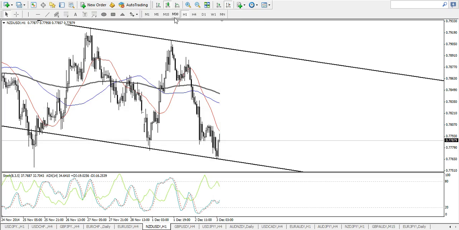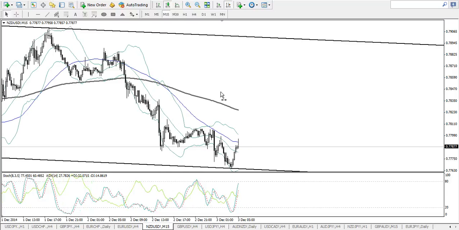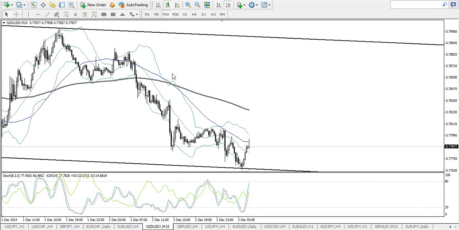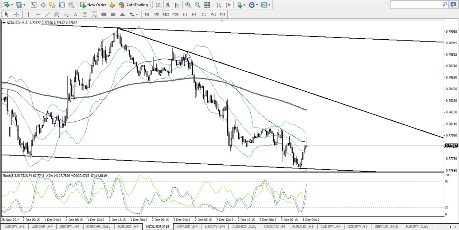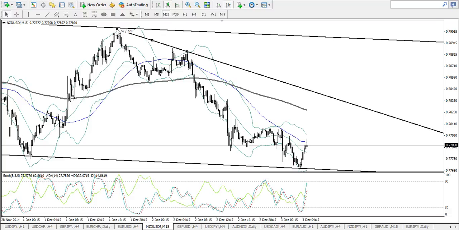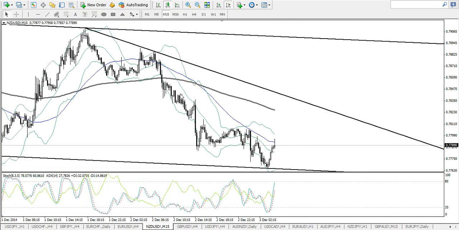There's a very strong one, but if we zoom into 15 minutes, we do see that price is still resisted by the 55 moving average.